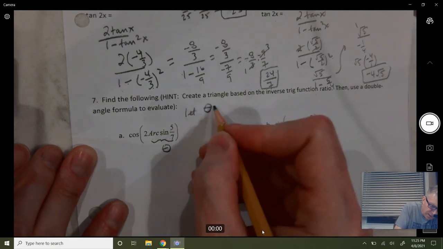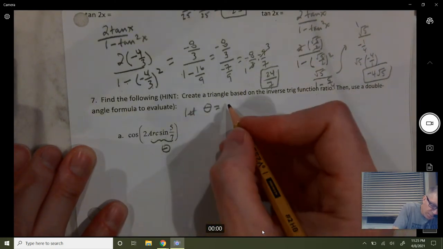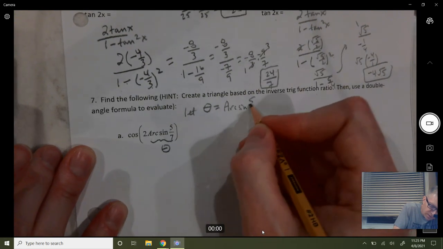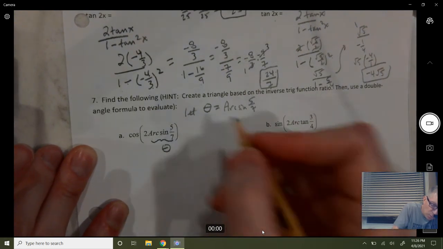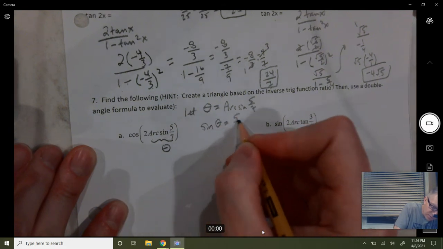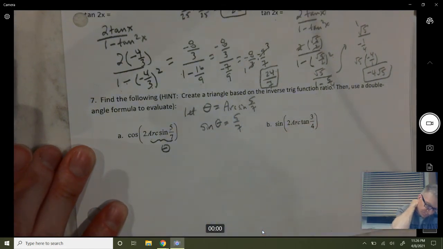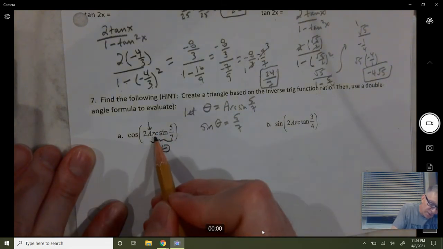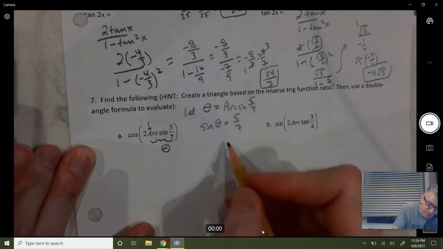Let theta equal arc sine of 5/7, which means the sine of theta equals 5/7. Okay, it's a capital arc sine, which means inverse sine is between -pi/2 and +pi/2.